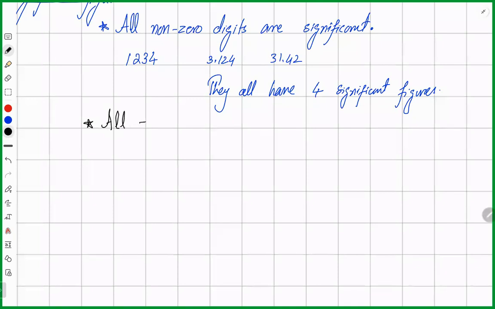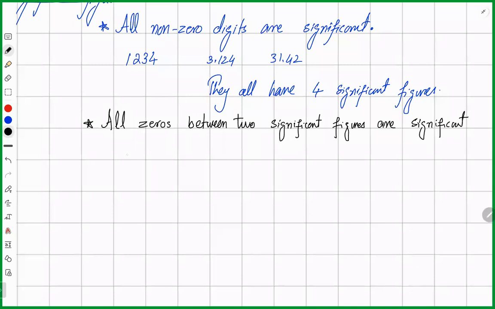All zeros between two significant figures are significant.